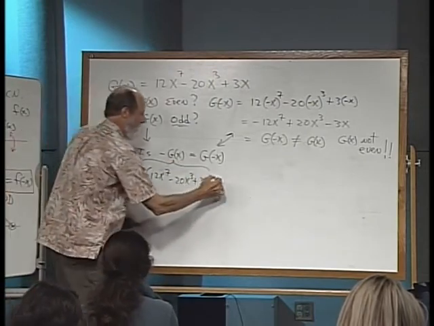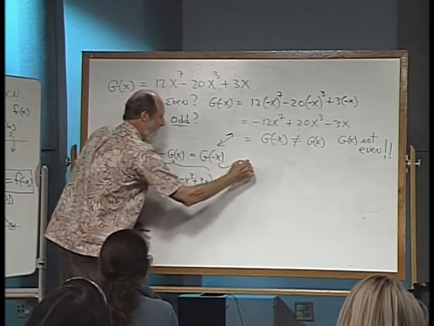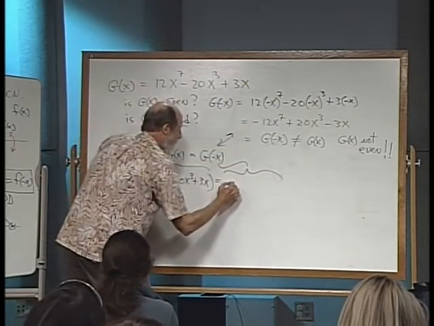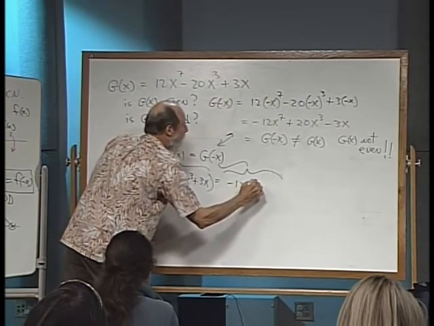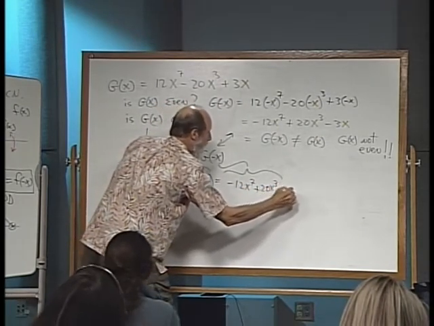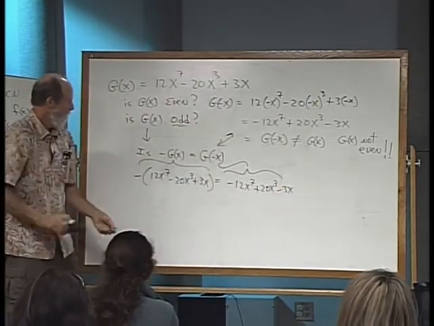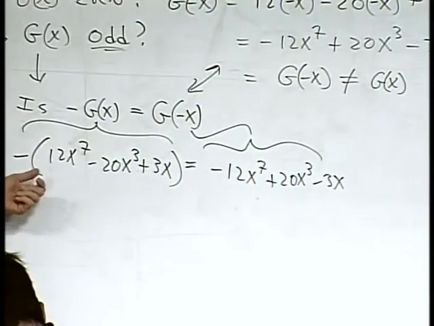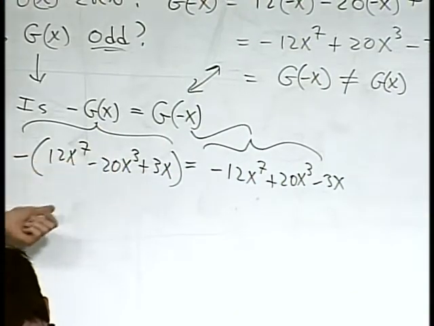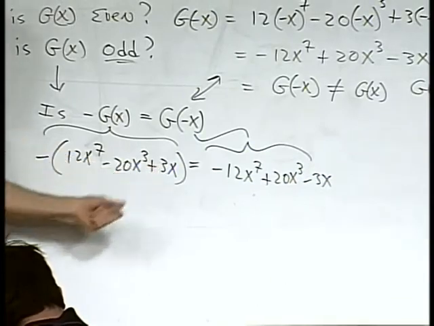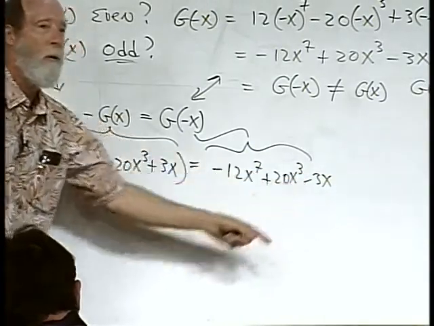And observe that, yes, it is the same as this, minus 12x to the 7th plus 20x cubed minus 3x. Notice that they are the same. If you distribute this negative into this, it's the same as that.